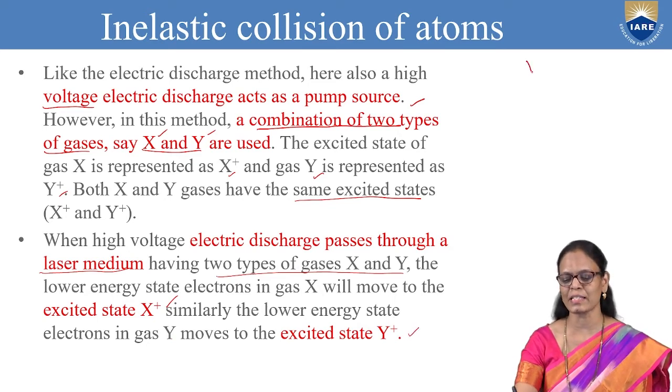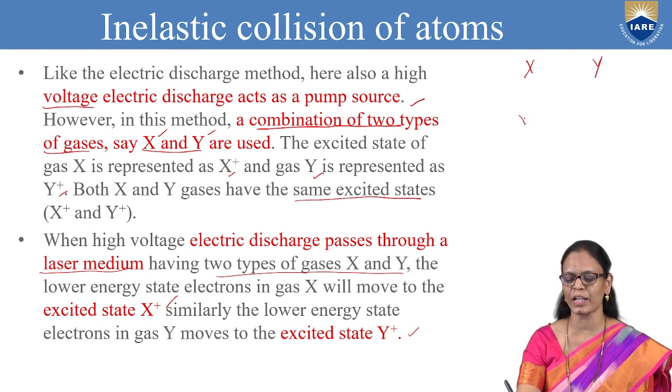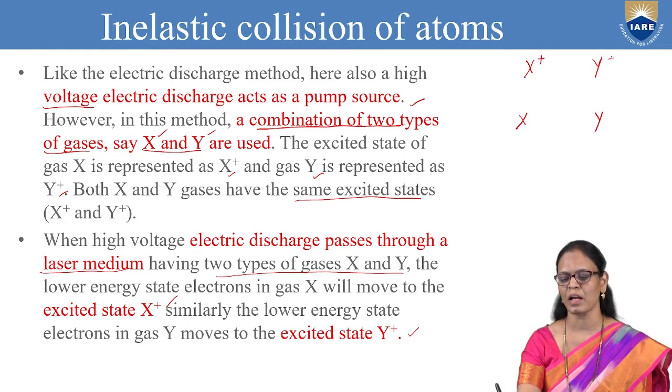So we have gas X, we have gas Y, and the excited states we denote by X plus and Y plus. When the discharge passes through the gas, these electrons of gas X may get excited to X plus and the electrons of gas Y may get excited to Y plus, and both may be at the same level.